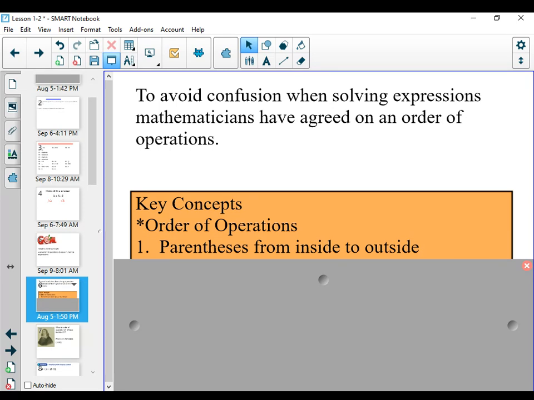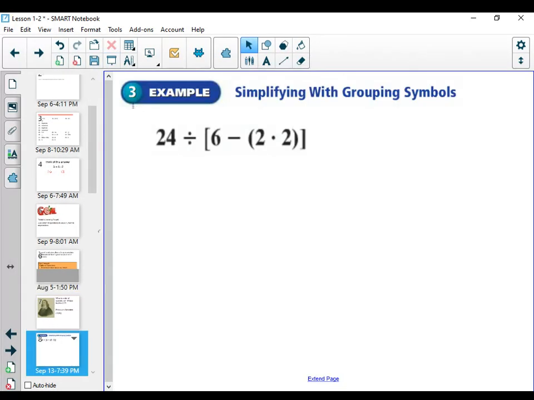And here's an example that I wanted to show you about that step 1 twist. Parentheses from inside to outside. So on the very inside, I see 2 times 2. So I'm going to start with that step. If you don't have a place to write, please start writing your example.